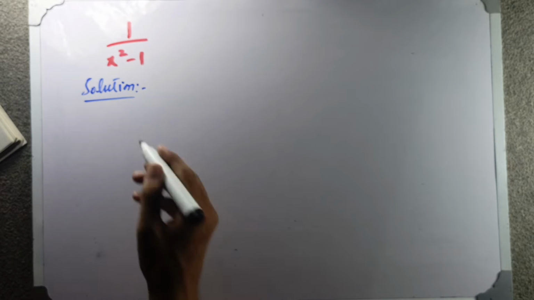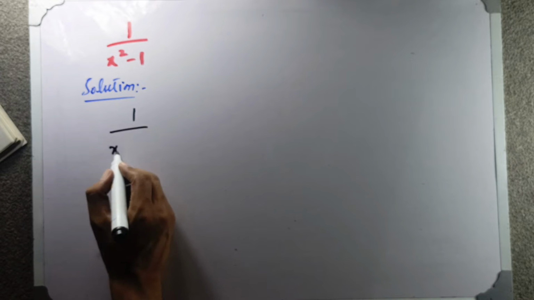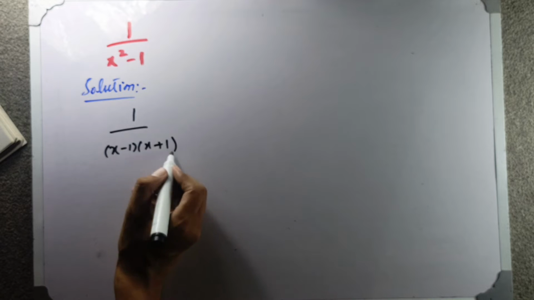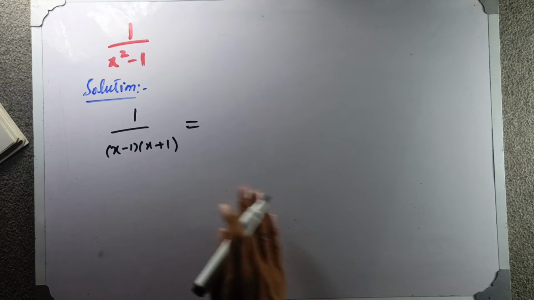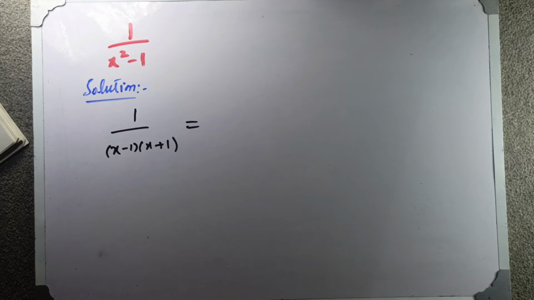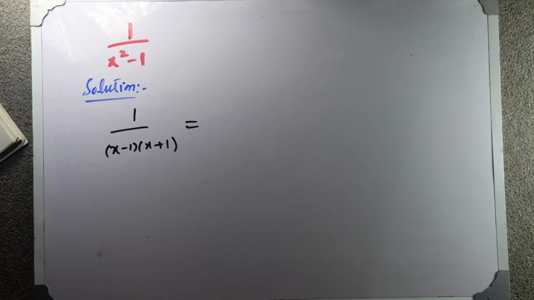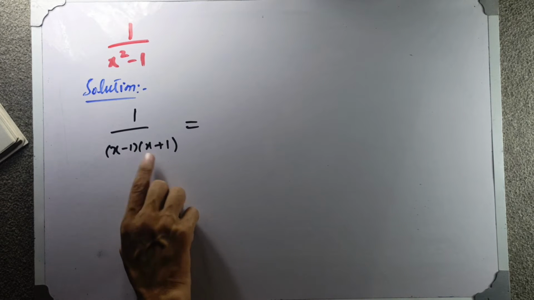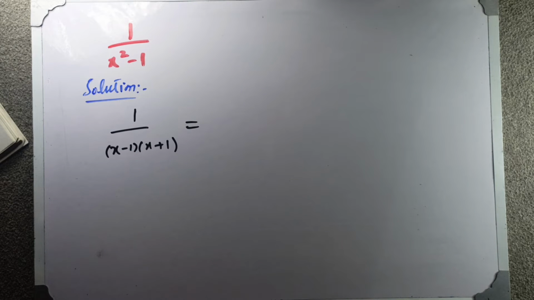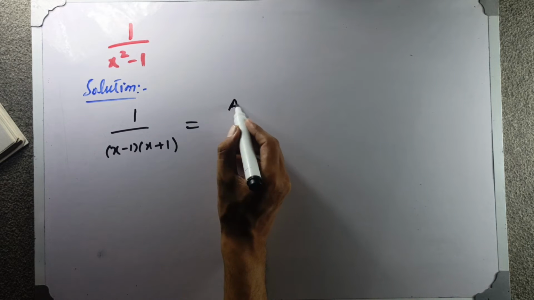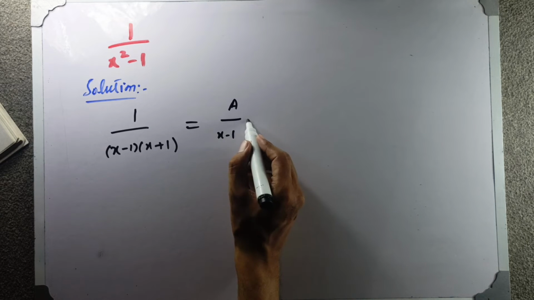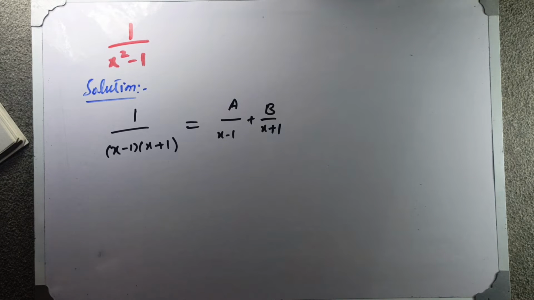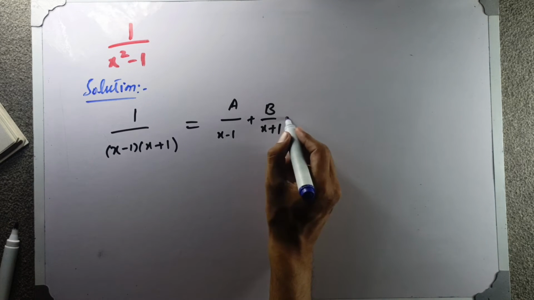In this rule, we see that x minus 1 and x plus 1 in the denominator have no repeated factor. If we have non-repeated linear factors in the denominator, then we will write it as a over x minus 1 plus b over x plus 1. This will give me equation 1.